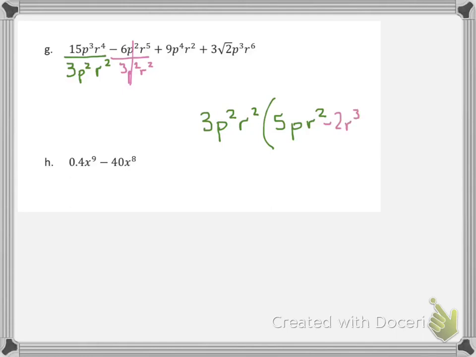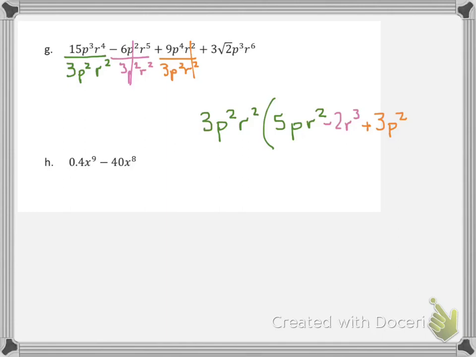Okay, there's my second term. Third term, I'm going to divide that by 3P squared R squared. And 9 divided by 3 is a +3. P to the 4th divided by P squared leaves me P squared. And R squared divided by R squared cancels, so that's my third term.